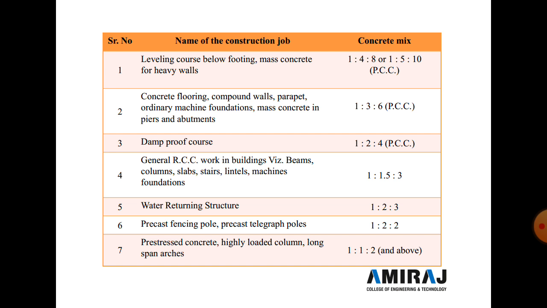Here the concrete mix required is 1:2:3. For precast fencing poles or precast telephone poles, the concrete mix required is 1:2:2. And for precast concrete, heavily loaded columns and long span arches, we require a 1:1:2 concrete mix or above.